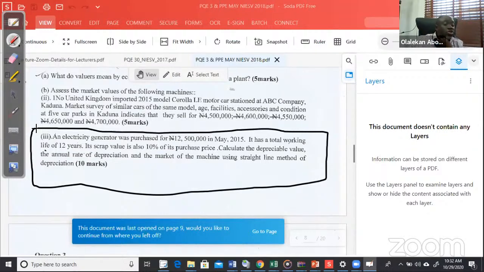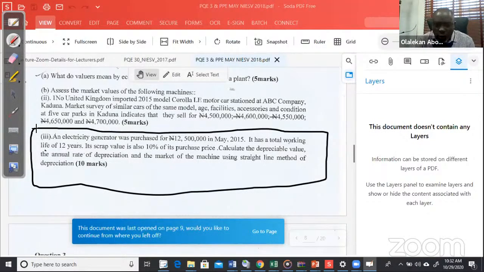You are seeing it on the screen. Its scrap value is also 10% of its purchase price. Calculate the depreciable value. You can see now the importance of those concepts that I've explained to you. See your question, this live question, 2018, if I remember.